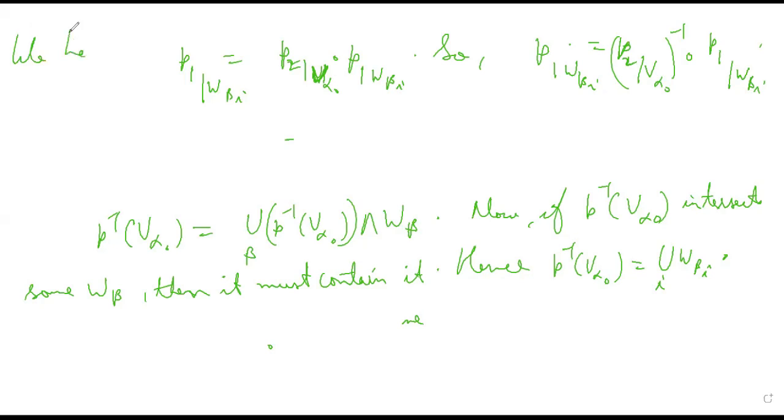We have this. So hence P restricted over W beta I from W beta I to V alpha naught is a homeomorphism.